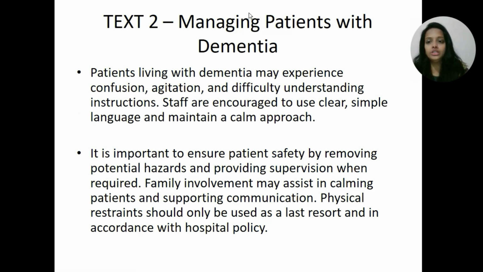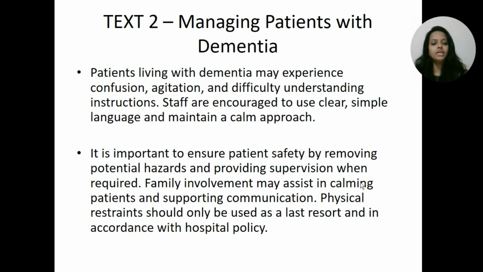And let's move on to the next text. So this one is managing patients with dementia. Patients living with dementia may experience confusion, agitation, and difficulty understanding instructions. Staff are encouraged to use clear, simple language and maintain a calm approach. It is important to ensure patient safety by removing potential hazards and providing supervision when required.